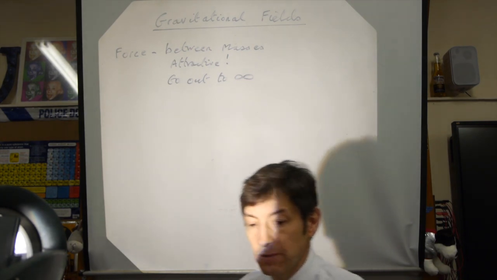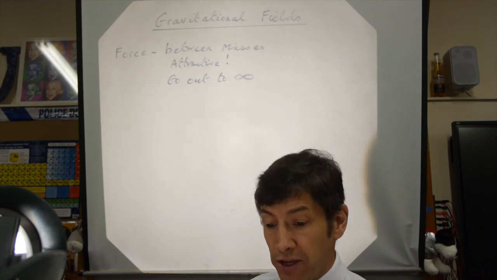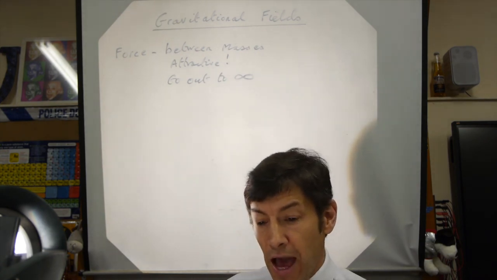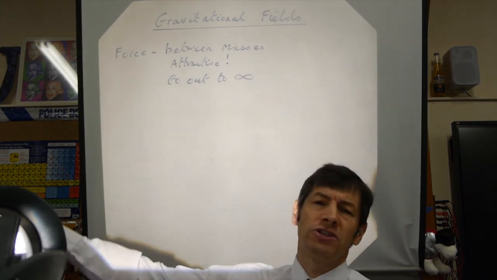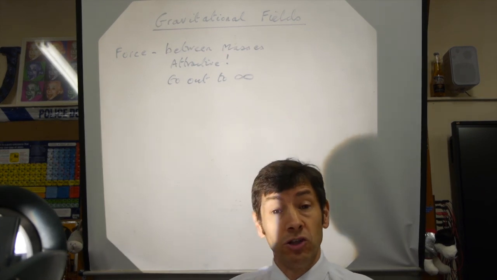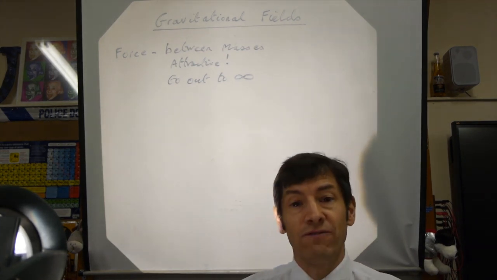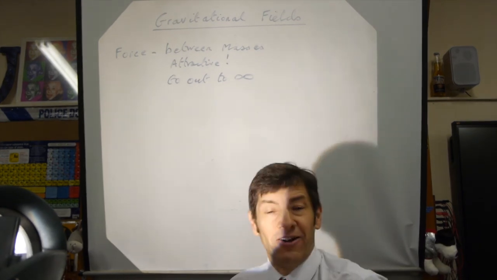Now, what's interesting is, because the force of gravity goes out to infinity, it's very long range. So it's a force that goes huge distances across the universe. And a force that's long range is usually very weak. So let's just have a look at that idea.